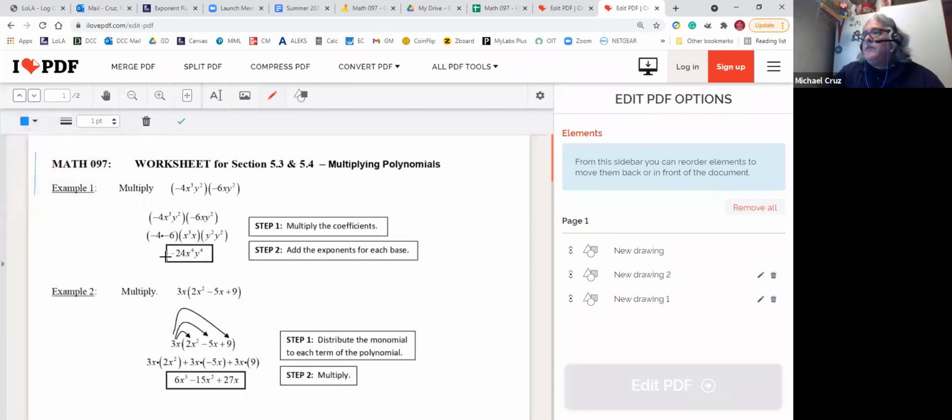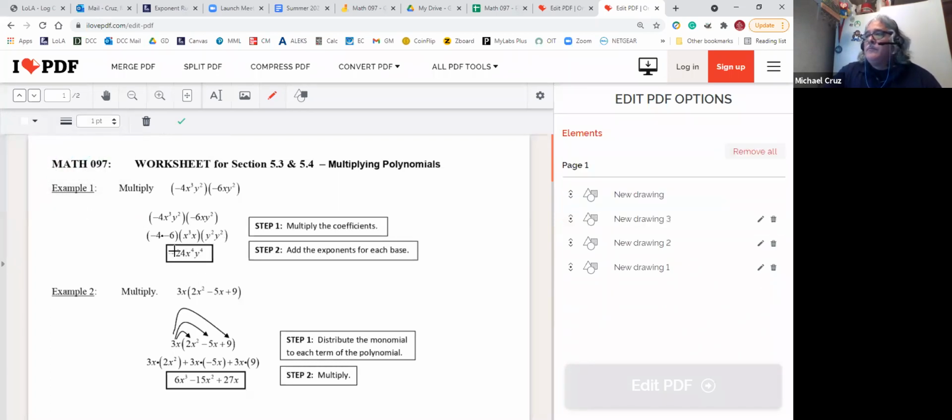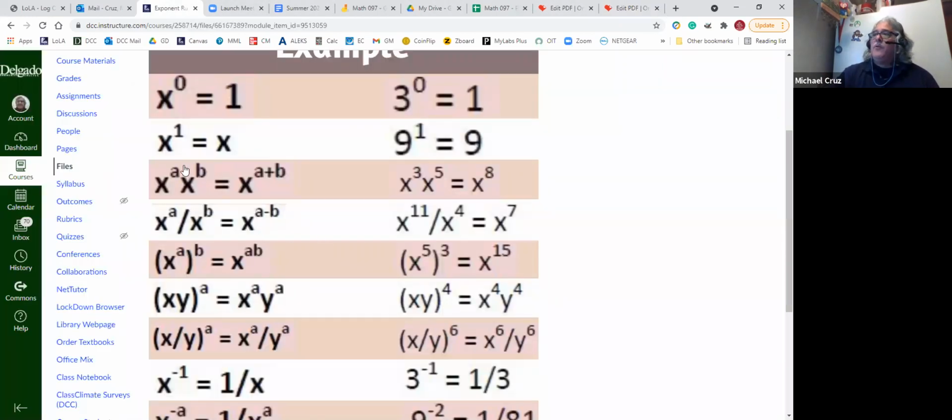And then x cubed times x is x to the fourth. Y squared times y squared is y to the fourth. All right. So that's the whole process. Like I said, it's nothing really different. The only thing that's different is now we're applying these exponent rules. And in particular, we're doing this third one right here.